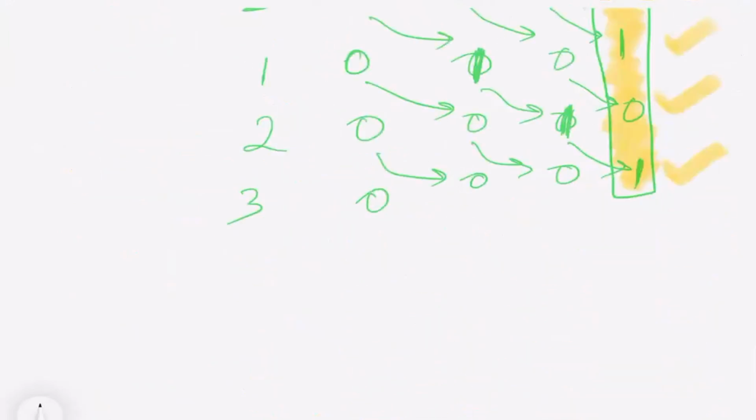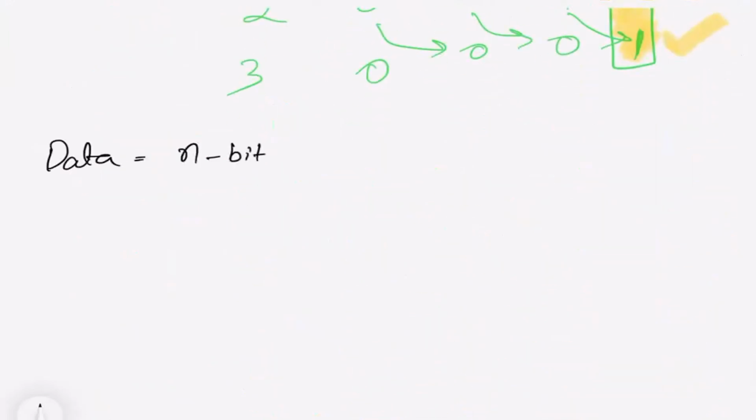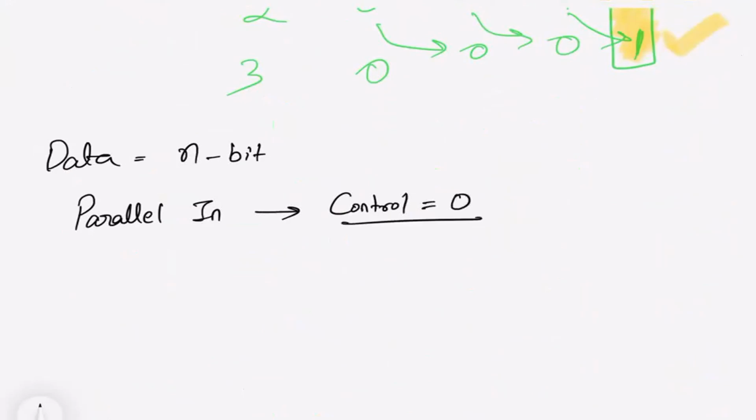So our data, which is n bit. So for parallel in, the condition is, the first thing is control needs to be 0 and you need 1 clock pulse.